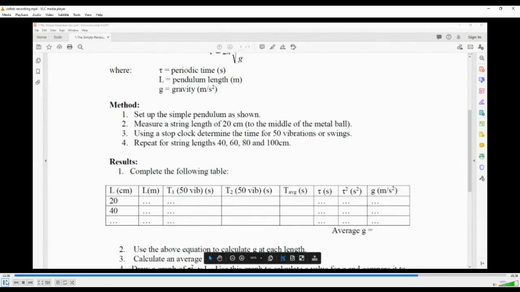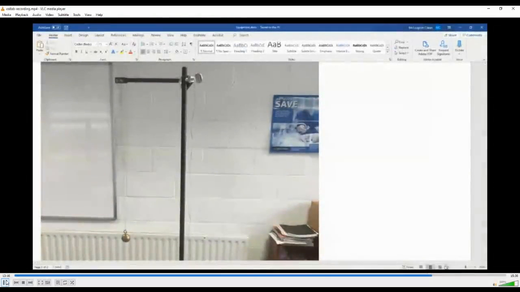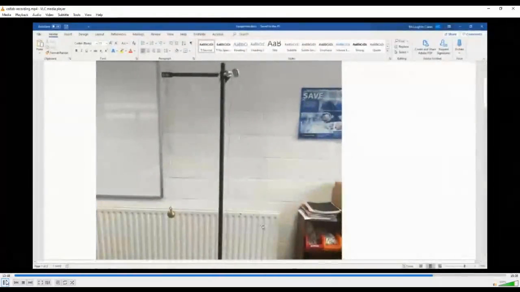Let's just look at the equipment that we would be using. Okay, so here is our simple pendulum. It is a fairly simple piece of equipment.